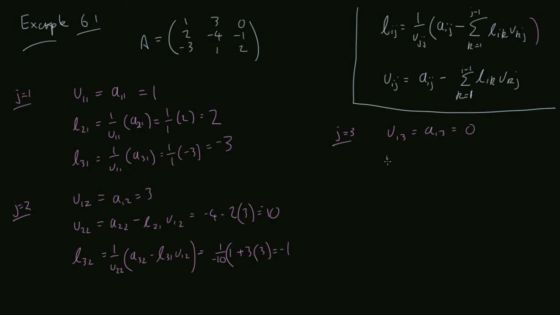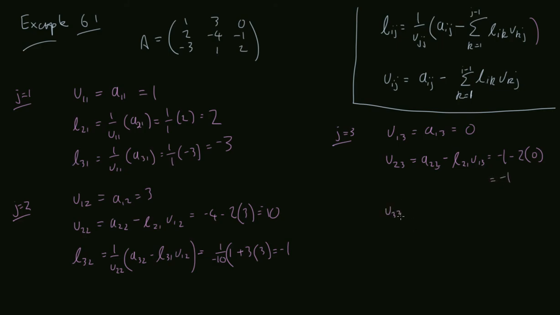We're going to have U23, so using this here we are going to have A23 minus, and now k goes from 1 to i minus 1, so that's just going to be 1, so it's going to be L21 U13, which is A23, which is minus 1, minus L21, which was 2, times U13, which we just calculated as 0. Okay, that's quite easy, so that's just minus 1.